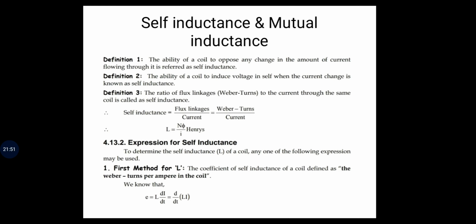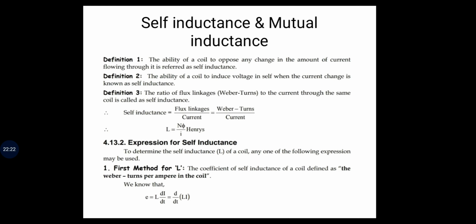In the first method, the coefficient of self-inductance of a coil is defined as the Weber turns per ampere in the coil.